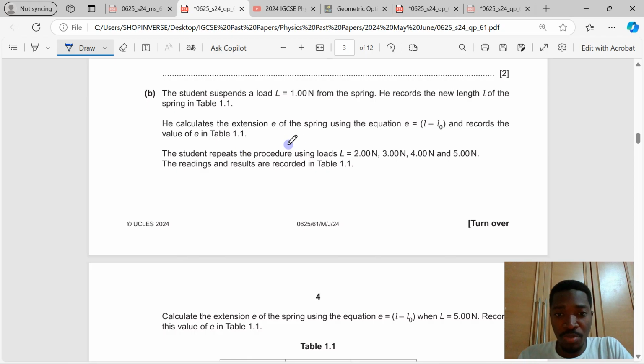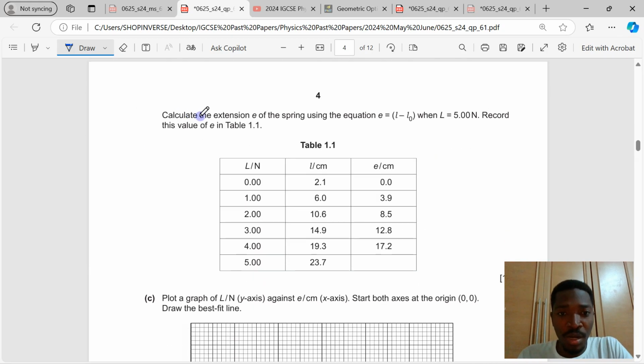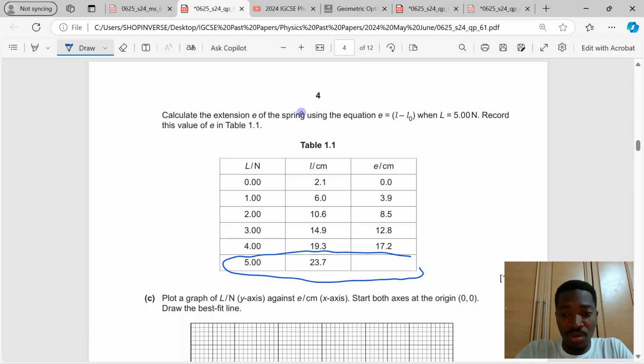The student repeats the procedure using loads L equals 2 Newton, 3 Newton, 4 Newton, and 5 Newton. The readings and the results are recorded in table 1.1. Calculate the extension E of the spring using the equation E equals L minus L0, where L equals 5 Newton. Record this value of E in the table. So we have to get the extension when the load is 5 Newton.